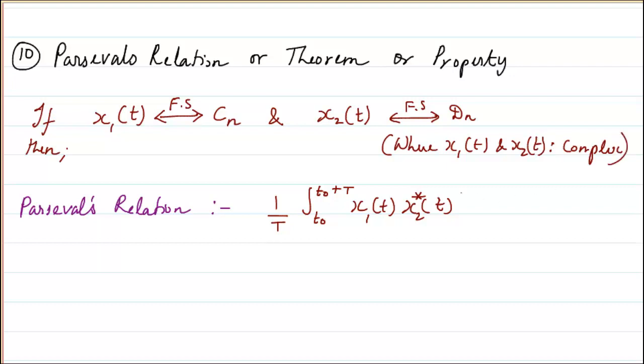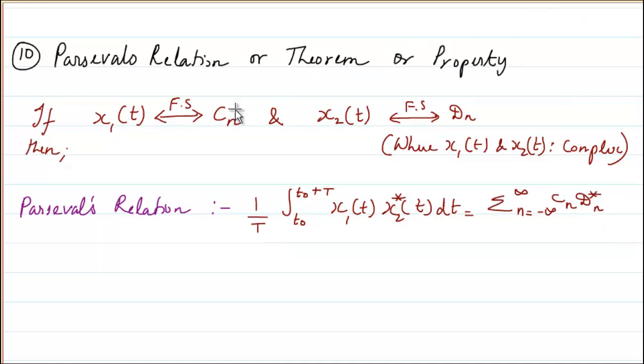They are complex functions. Okay, so that into dt will be same as finding out the summation n equal to minus infinity to infinity of Cn multiplied with the complex conjugate of dn. So this is Parseval's relation.